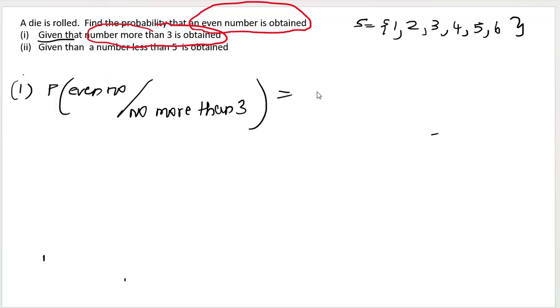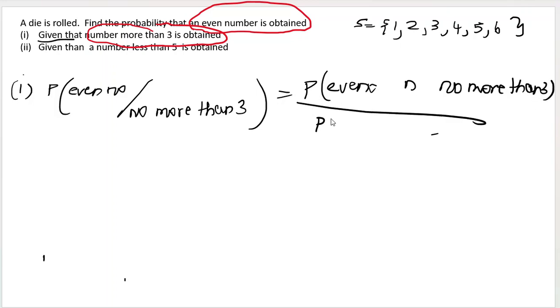So this will be equal to the probability of even number intersection number more than 3, upon the probability of number more than 3.